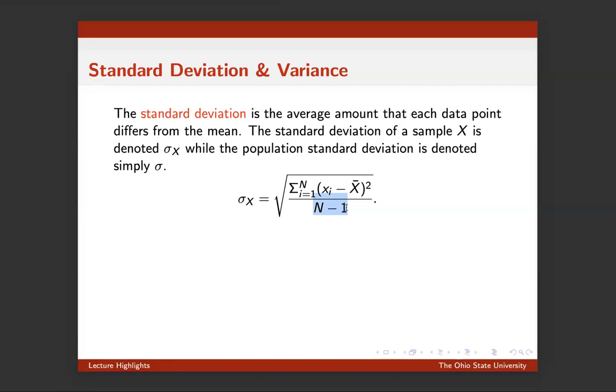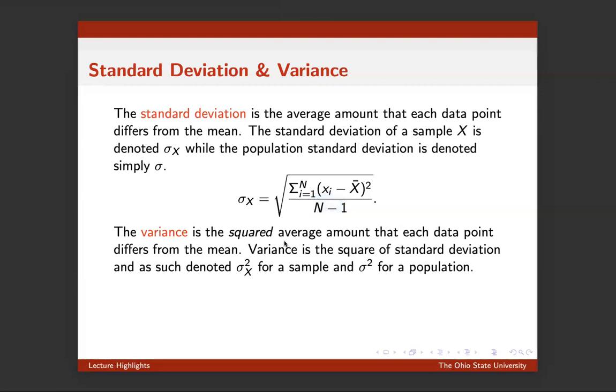Basically, if we had one data point, our uncertainty in that measurement would be infinite. But if we had 2 data points, that gets rid of the denominator, and basically we're just looking at the deviation between 2 points and their mean. So that's why we use the n minus 1.